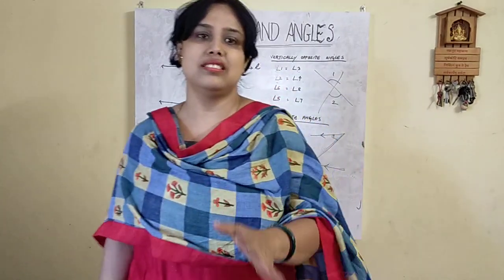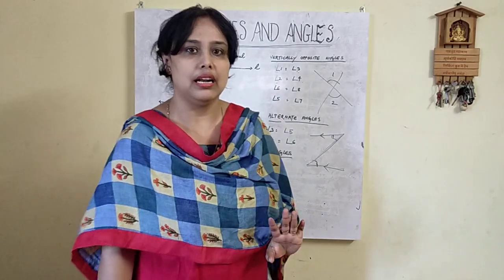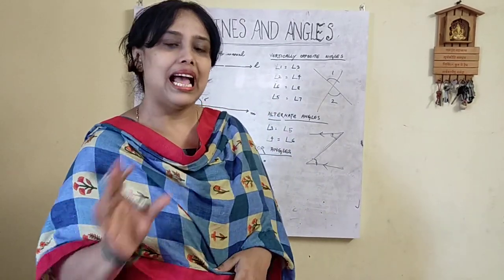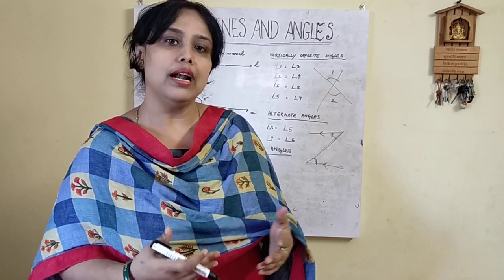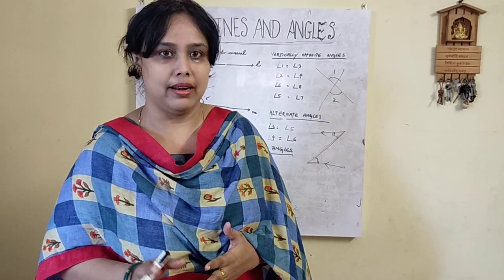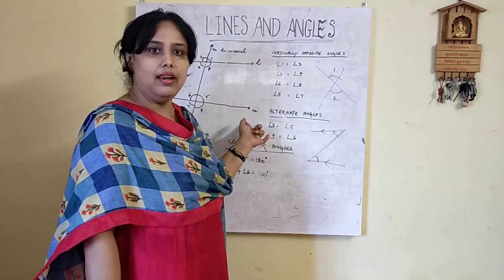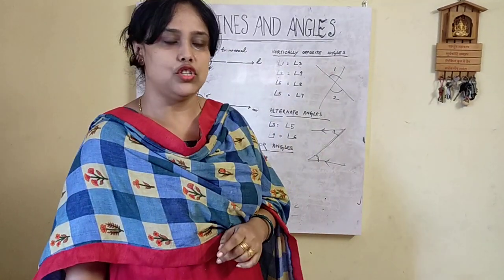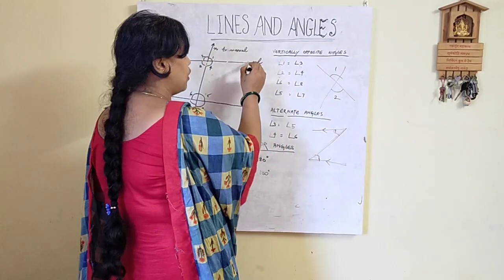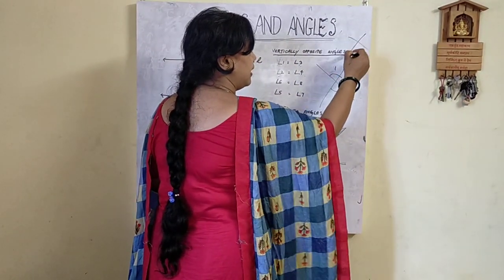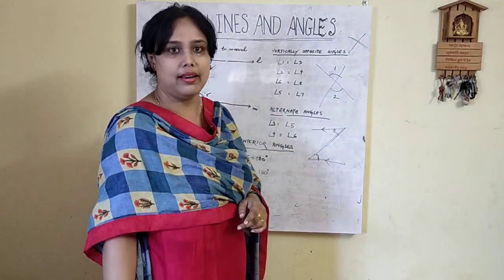To start, I'll give a brief introduction about what parallel lines are. Lines all of you know, but how can two lines be called parallel? Number one, two lines are called parallel when they never intersect each other. If they intersect like this, then they are not parallel.